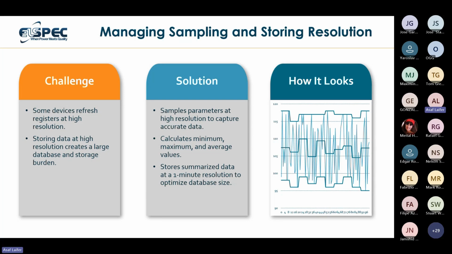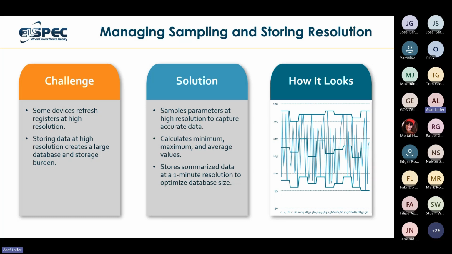What we do in order to overcome it, we configure PQSCADA to fetch data every second or any other resolution you like, and PQSCADA buffers all of these samples and stores in the database only summary data, like the minimum, maximum, and average value once every 1 minute.